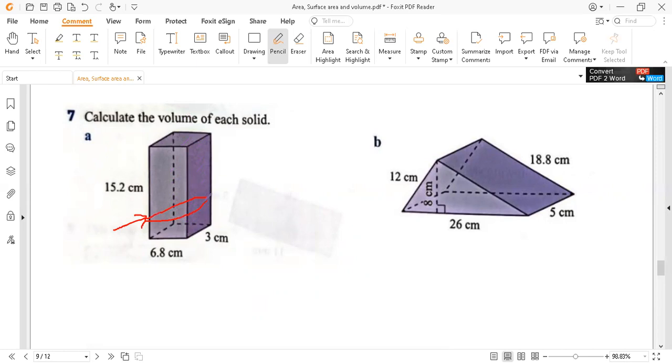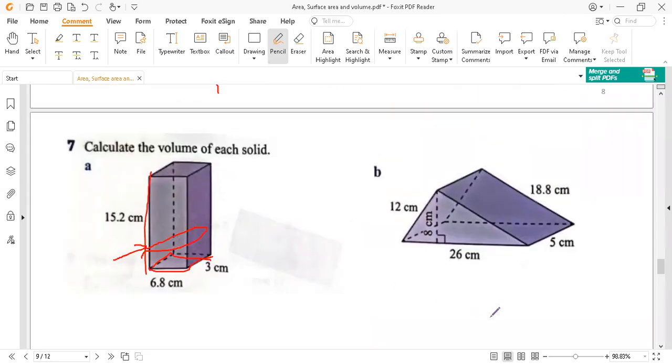So the uniform cross section can be taken as the rectangle in the base, 6.8 by 3. We take 6.8 by 3 as the area of the base, and we multiply it by the height to obtain the volume. Easy.